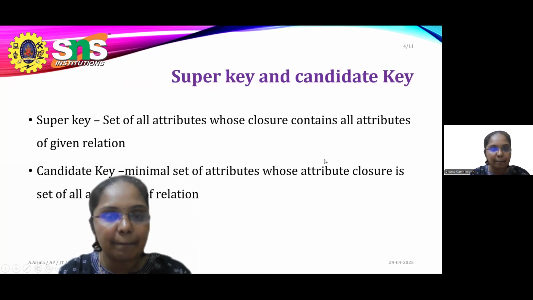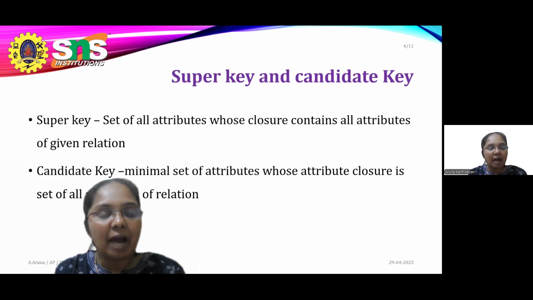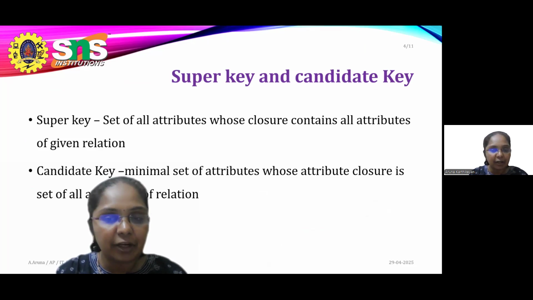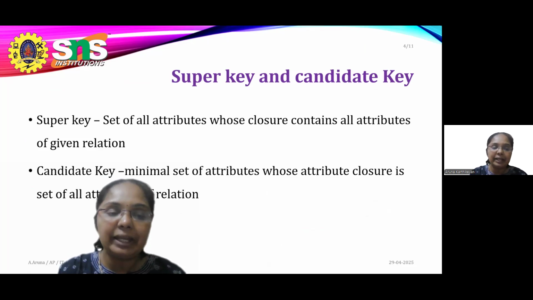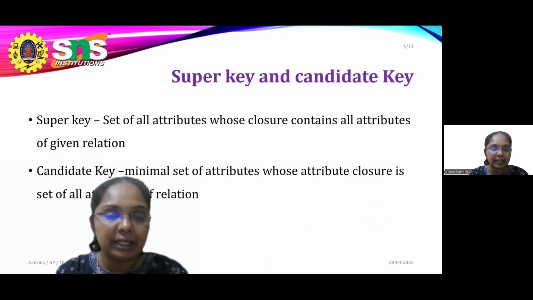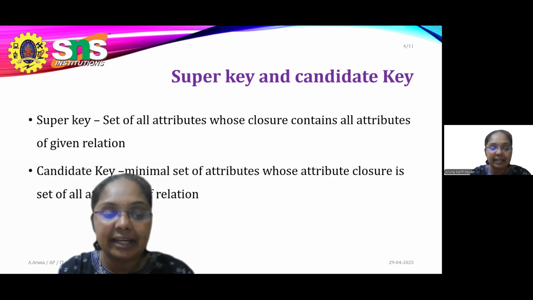Let us see the example. Before that, we have to know about the super key and the candidate key. If I want to calculate the closure of an attribute, definitely we have to identify the super key and the candidate key. A super key is a set of attributes whose closure contains all the attributes in the given relation. A candidate key is, out of all my super keys, a minimal set of attributes. Why do we calculate the super key and candidate key?